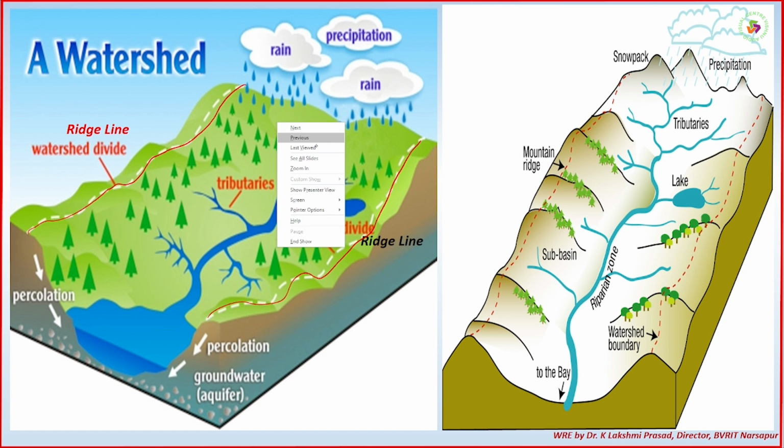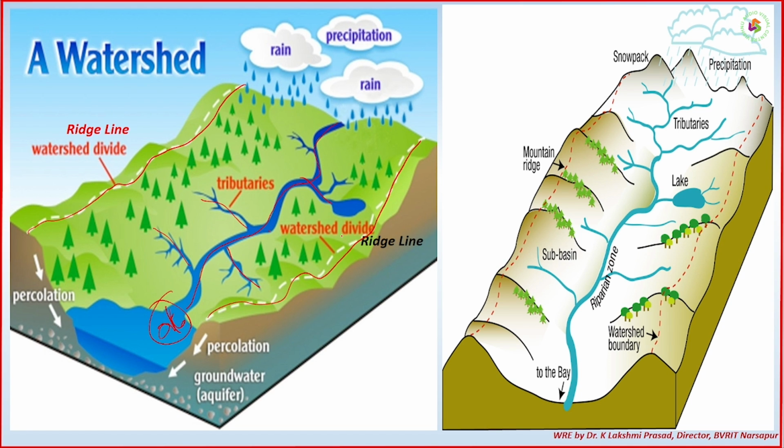This is the main river, and this is the outlet. These are all the tributaries that are contributing to it. The area between these two ridge lines is what we call a catchment. So in this watershed, this is the primary river and these are all the tributaries, all contributing towards it.